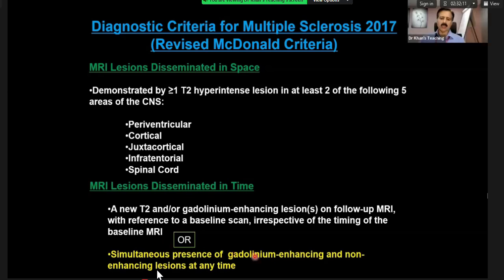And the lesions which are not enhancing are older, so they are inactive. So this is the use of contrast. Another criteria, of course, is to do a follow-up scan in which you find a new T2 lesion, and you say that it is a new lesion. But using contrast, you can diagnose MS on the first presentation, and that is a potential viva scenario.